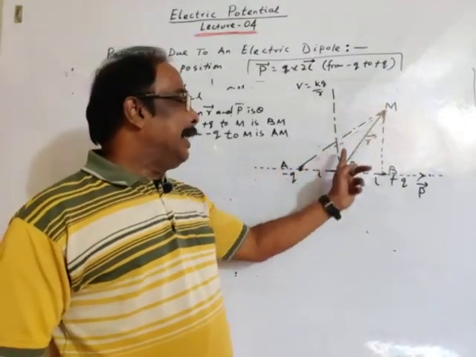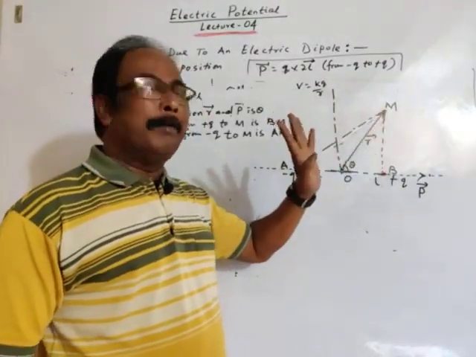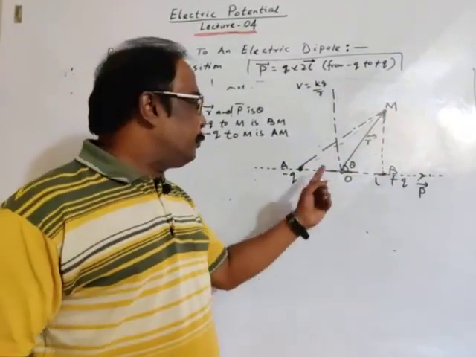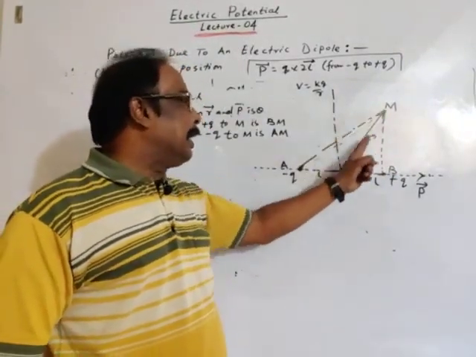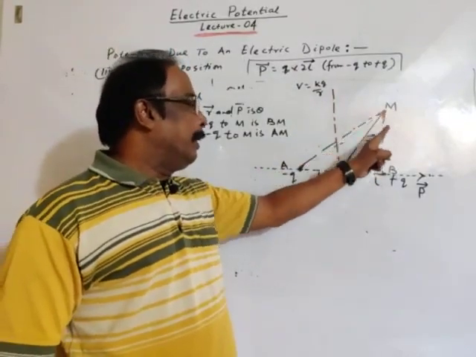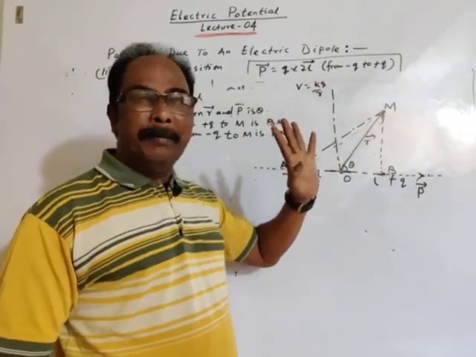We have considered length of OM is R, but length of AM or BM is not known. As we see, AM is longer than OM. Similarly, OM is longer than BM.